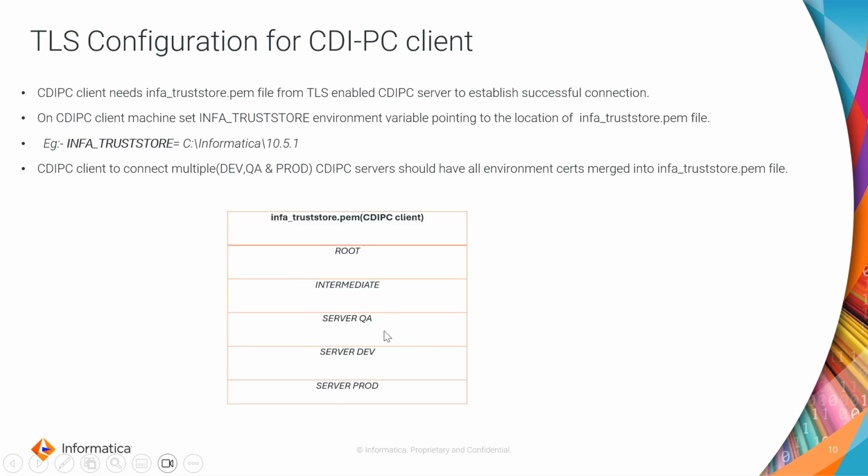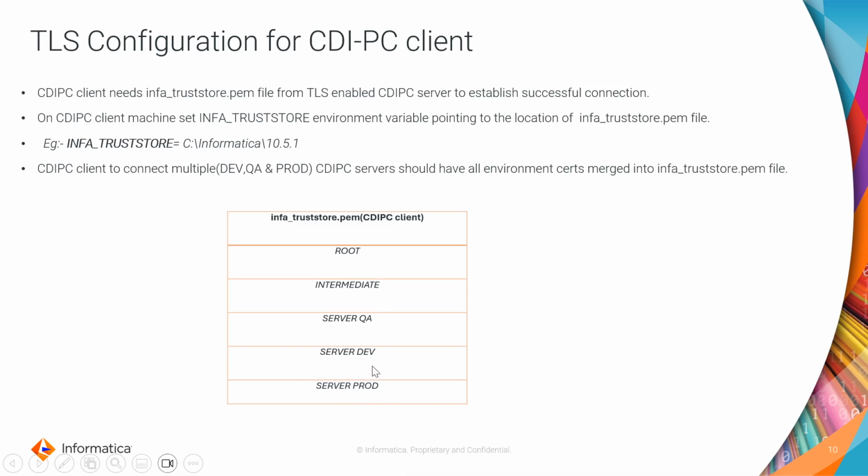Now from the same client, the user wants to connect to the development and production domains also. In that case, the user has to go to the development server, copy only the server certificate and append it to the existing truststore.pem file on the client side. Similarly for production, the server certificate has to be copied and appended.